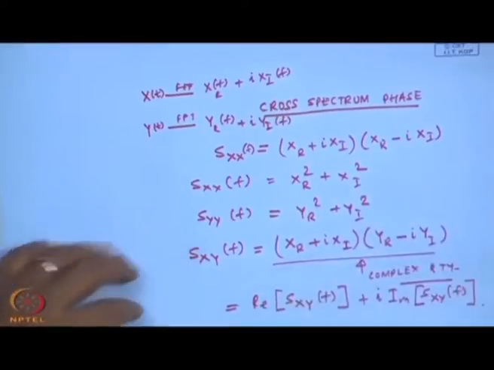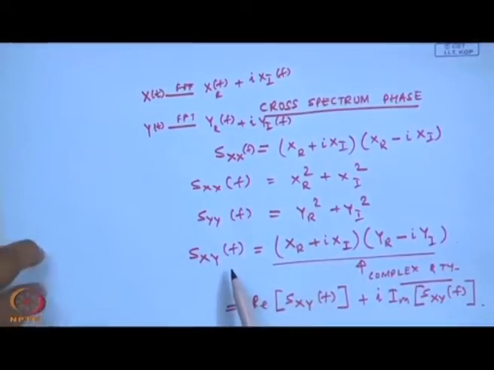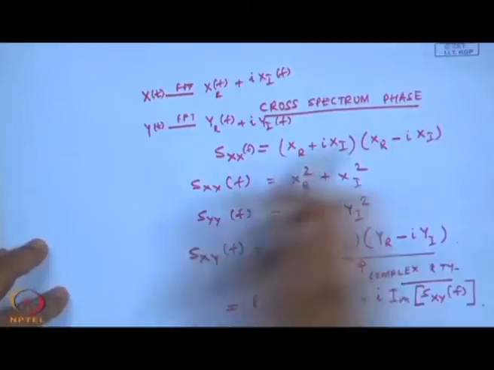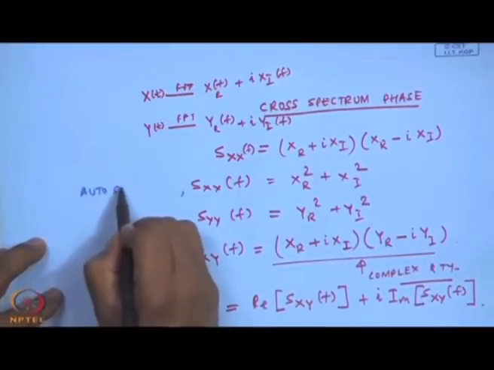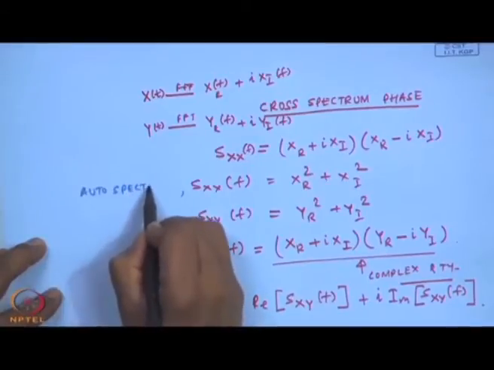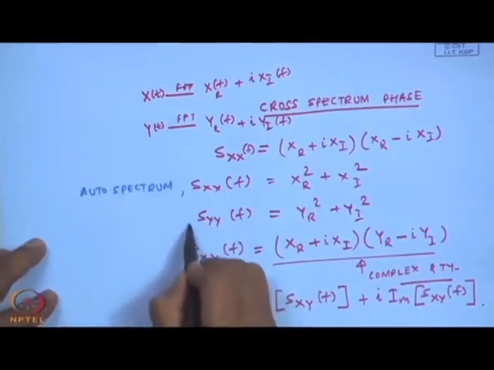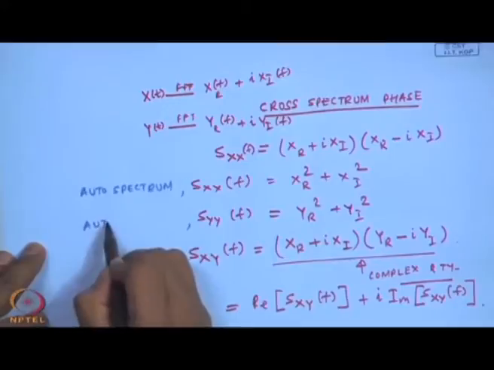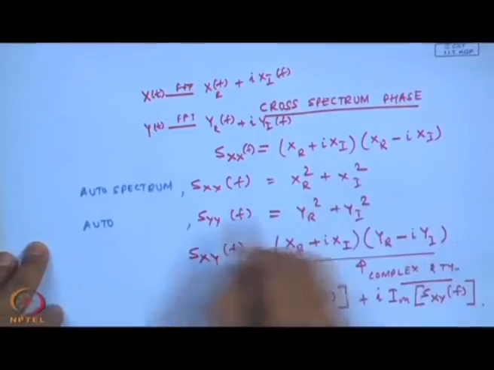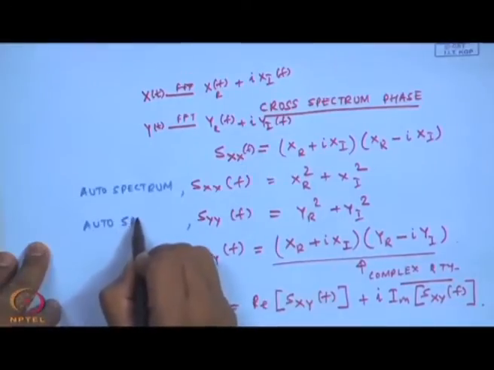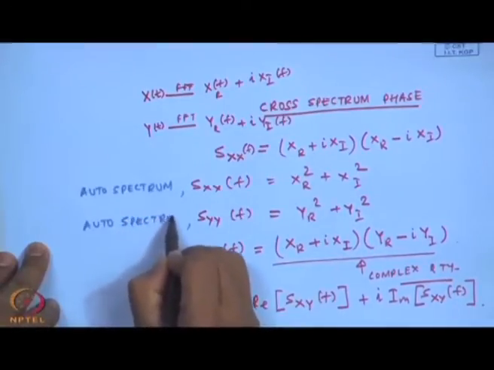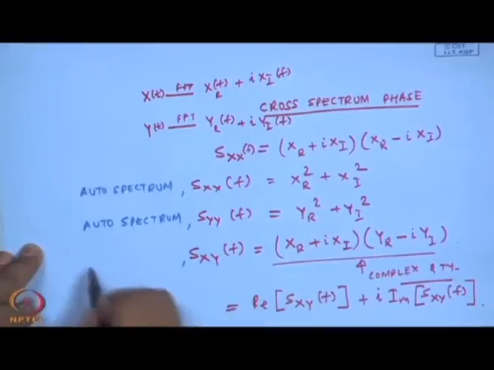So, the magnitude will be that of the cross spectrum. This is the auto spectrum. In other words, this is the power spectrum. If you look, the unit has squared, and this is the cross spectrum.